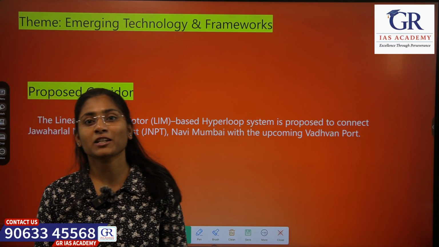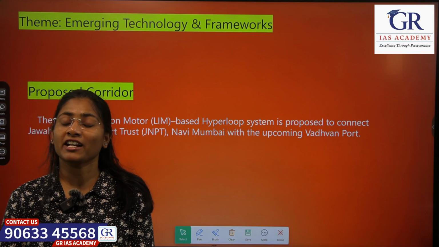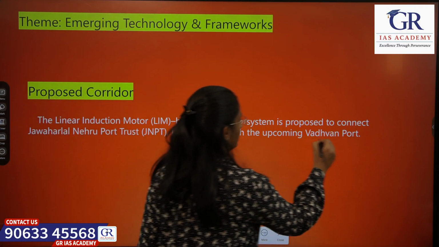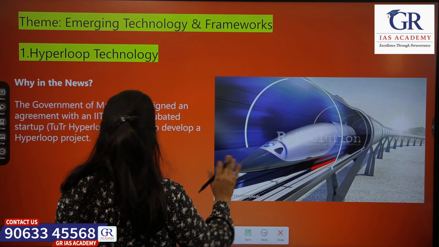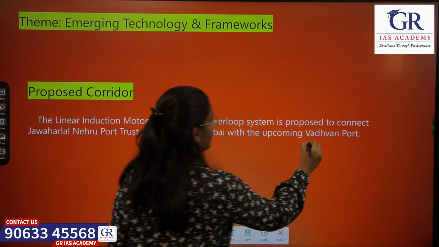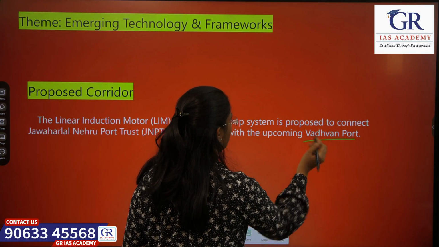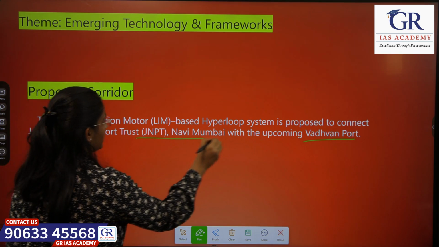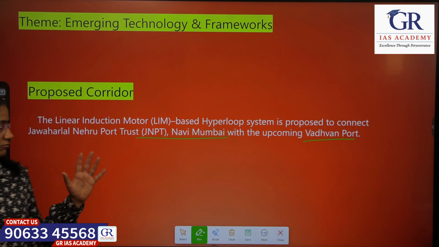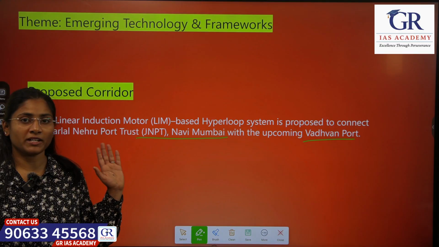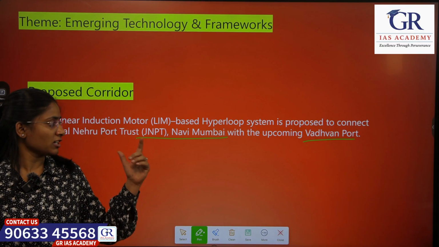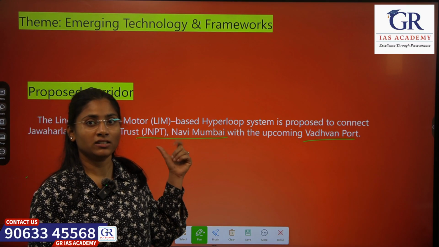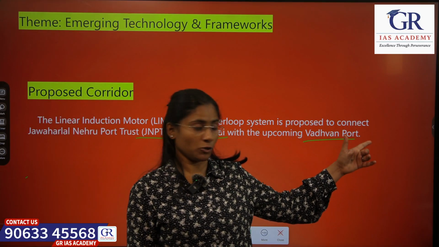It comes to connect JNPT Mumbai and the upcoming Vadhavan port. The agreement the Maharashtra government has signed with Tutor Hyperloop comes between Navi Mumbai JNPT port and Vadhavan port, which is upcoming.